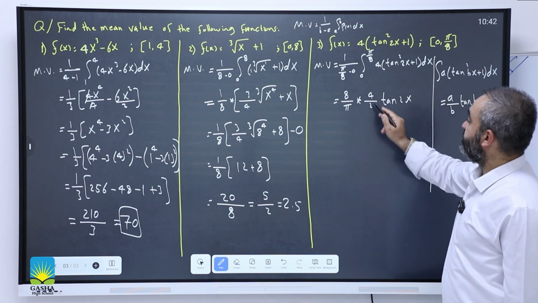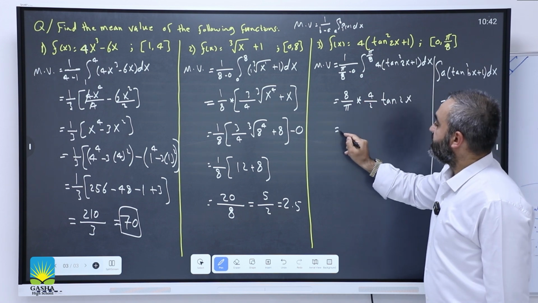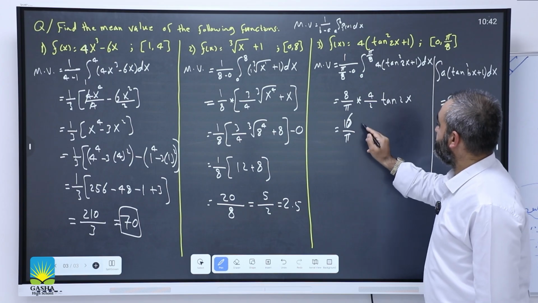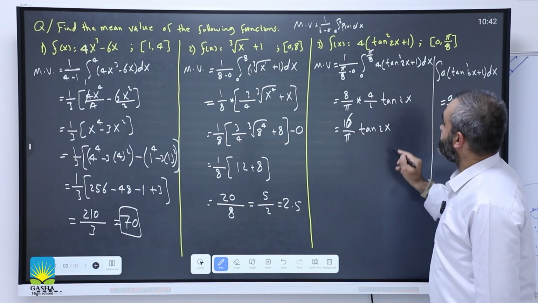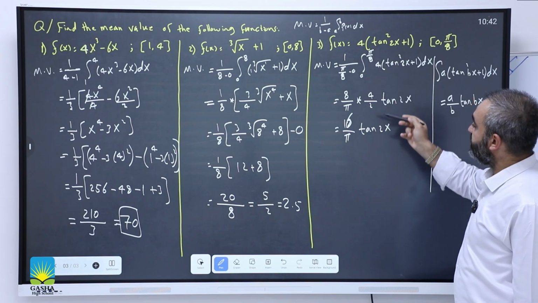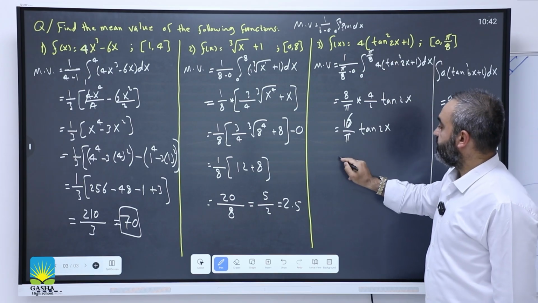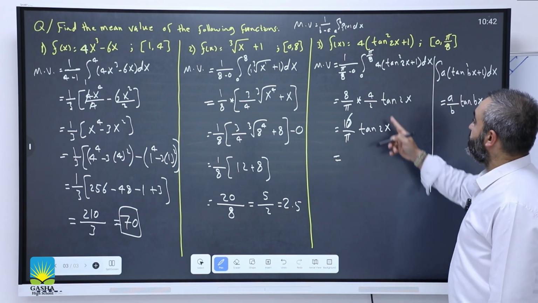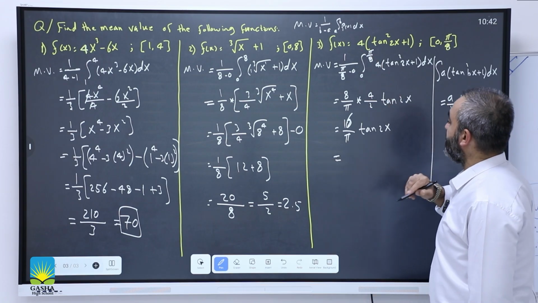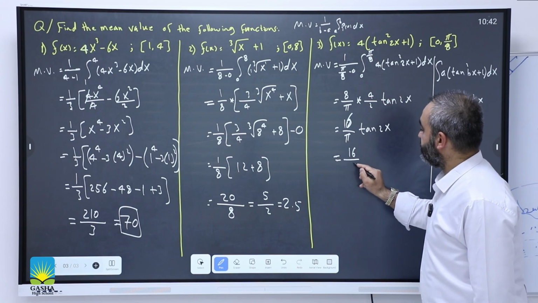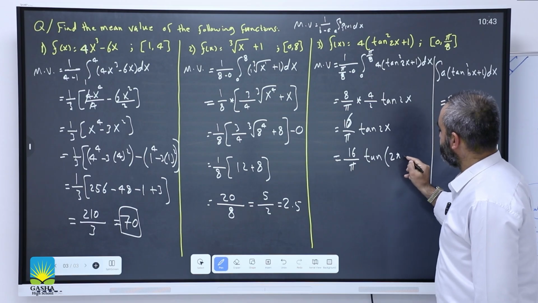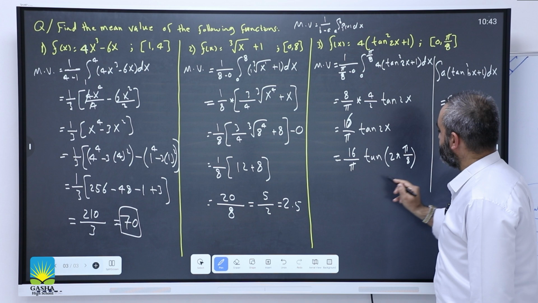4 over 2, it's 2 times 8, 16 over pi tan 2x. And we substitute pi over 8 and 0. We don't use 0 because tan 0 is 0. So only we substitute pi over 8. 16 over pi tan 2 times pi over 8.